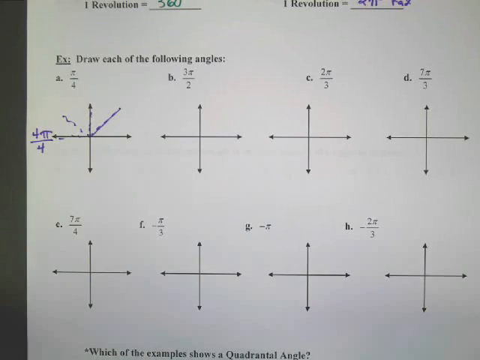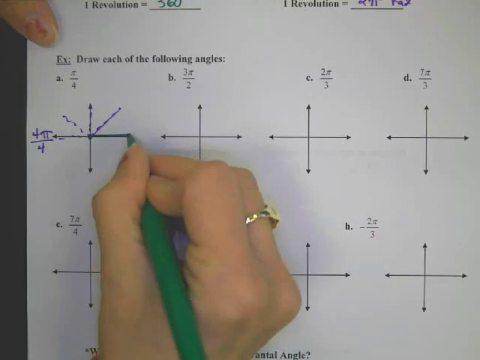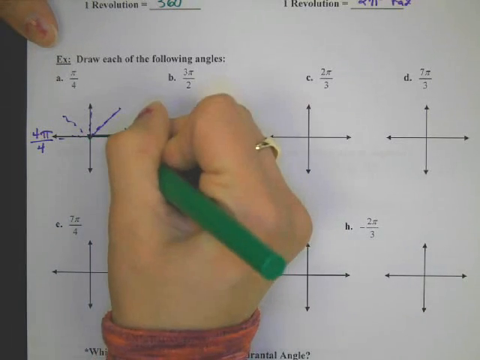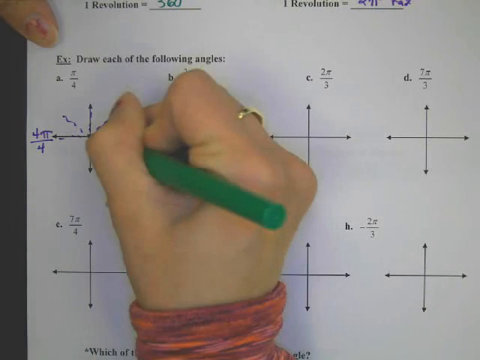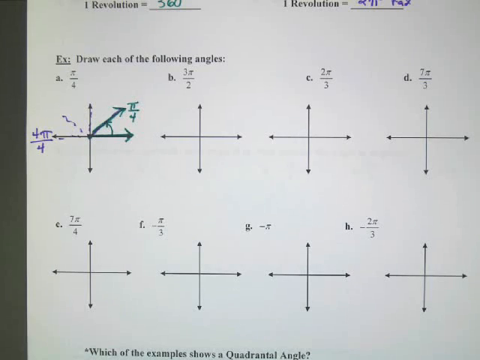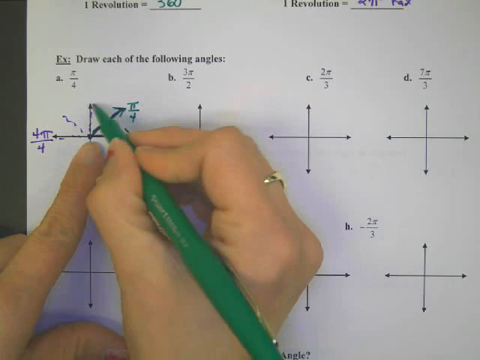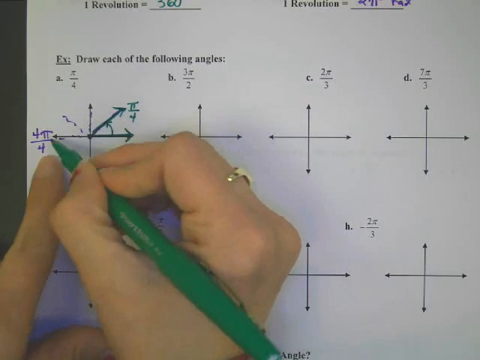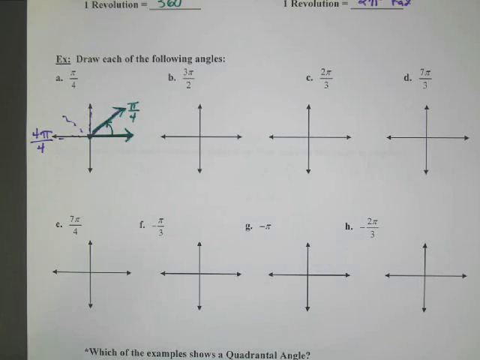And I need to graph pi over 4. So my initial ray is going to start here. I'm going to swing 1 pi out of 4 here, and there's the angle, pi over 4. 1 out of 4, 2 out of 4, 3 out of 4, 4 out of 4 makes a pi.